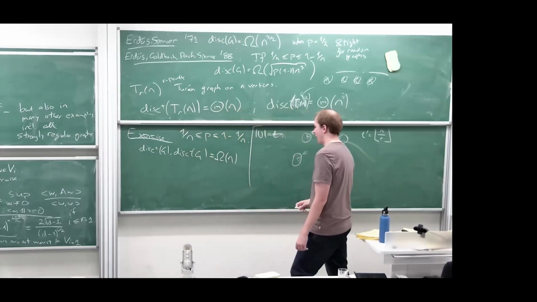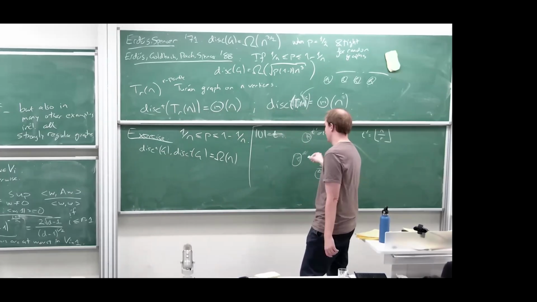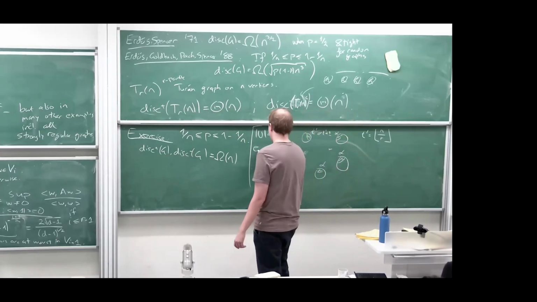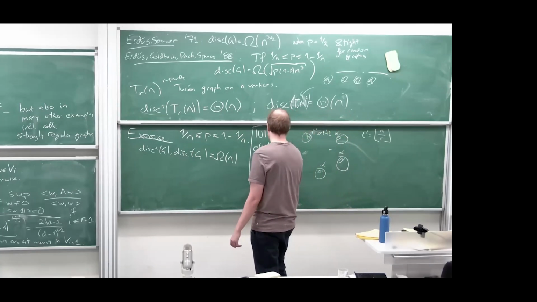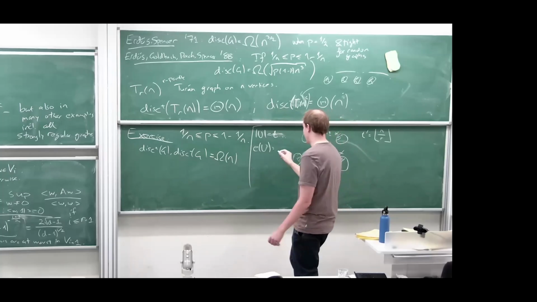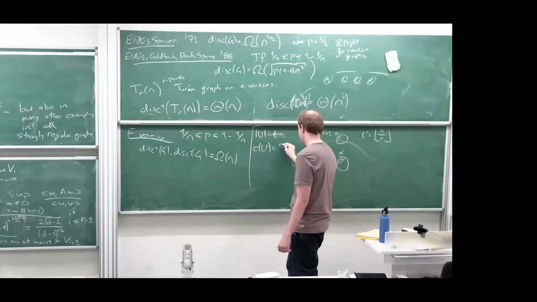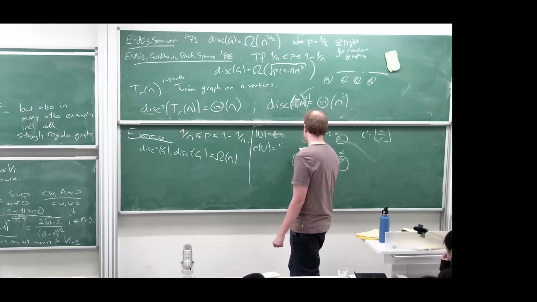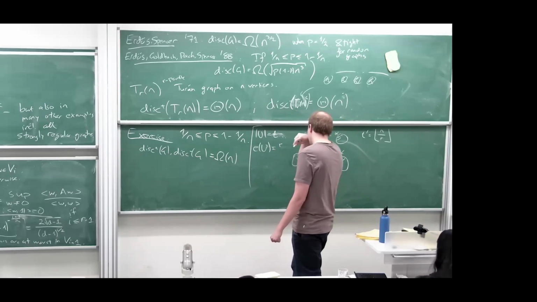And now, the number of edges in U is, so let's assume that we are in a case when all of these are equal. So what we get is there are r of them.